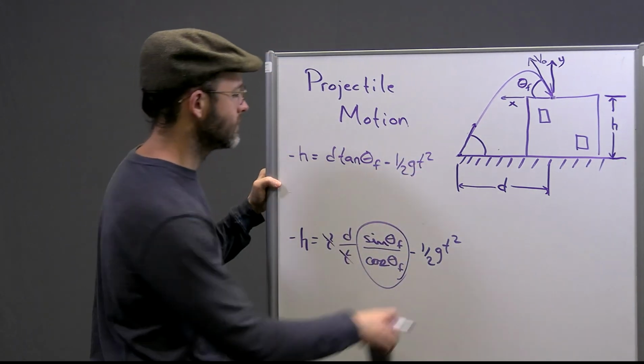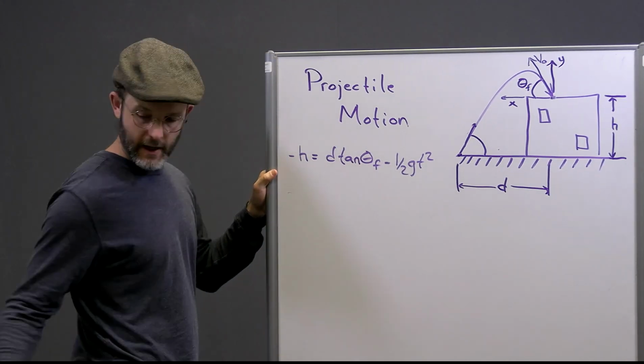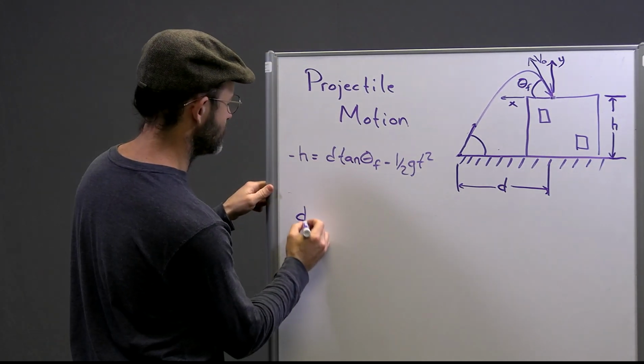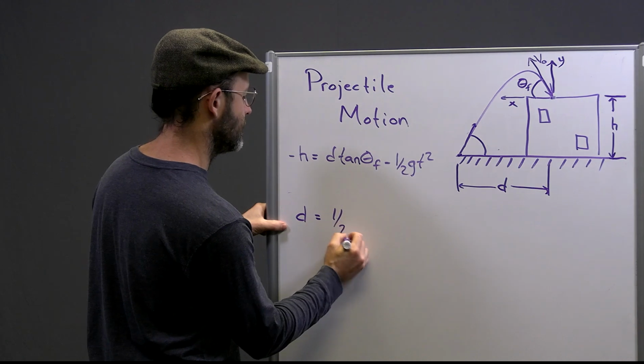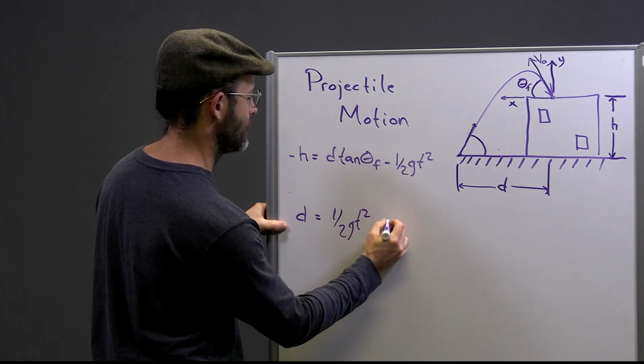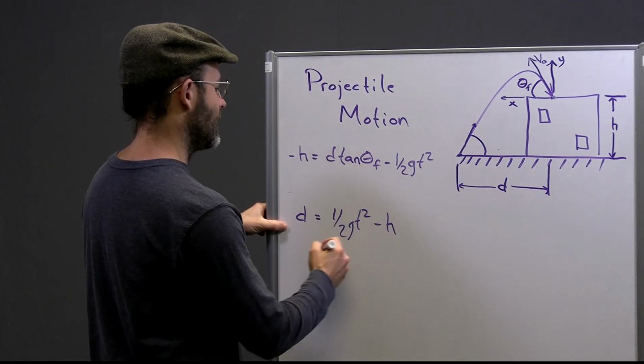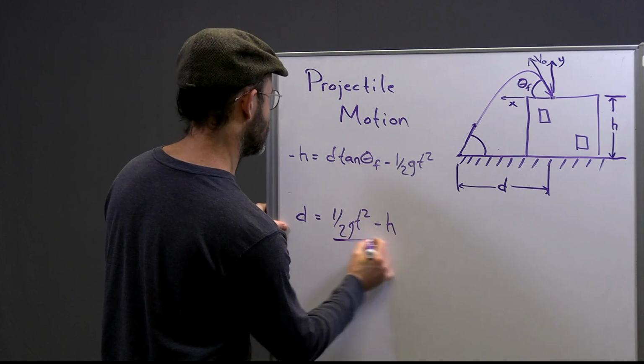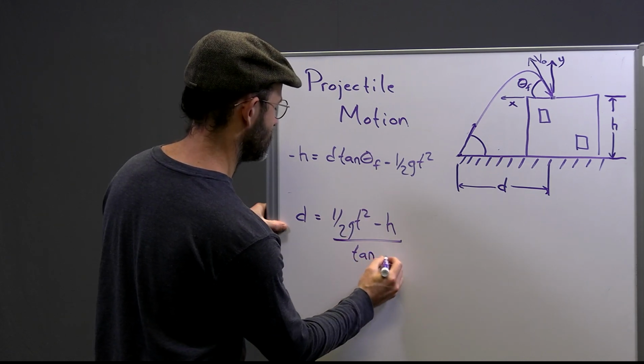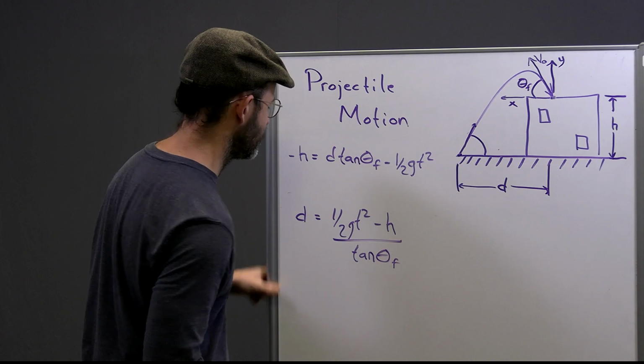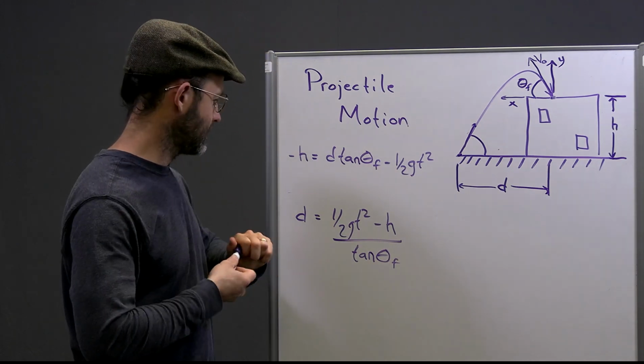And I'm going to rearrange that and finally come to our answer, which is d equals 1/2 gt squared minus h over tangent theta f.